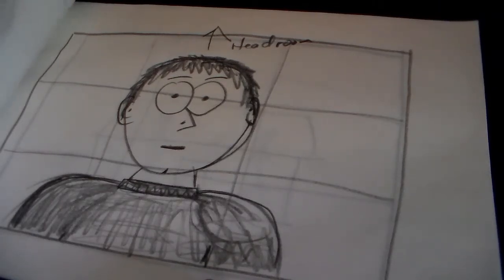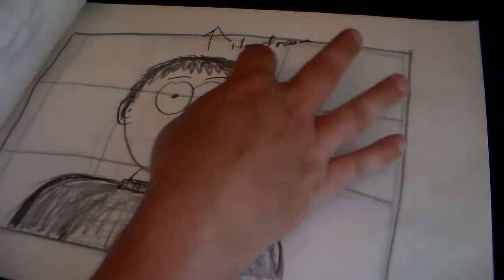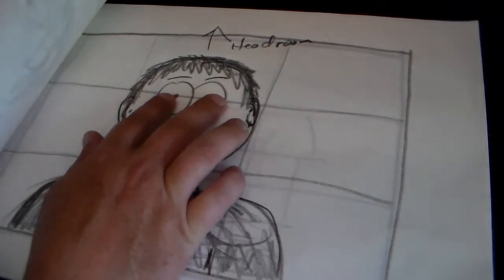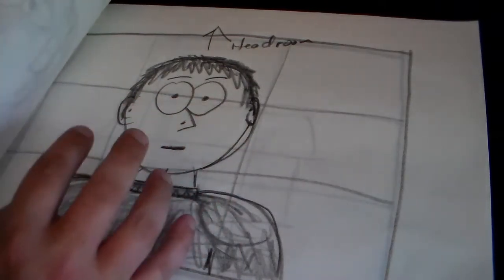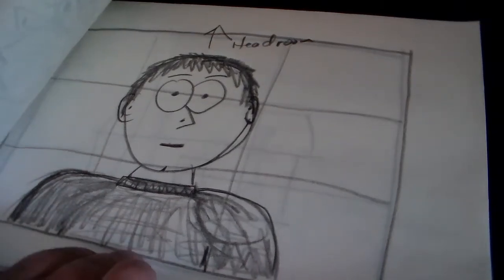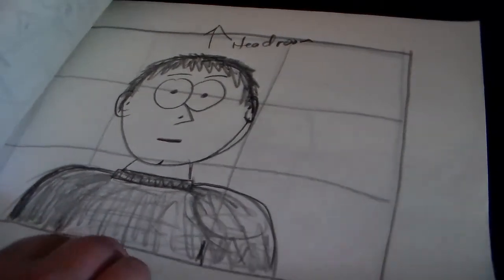Now you can have extreme close-up shots that would be even closer than that. The eyes will still stay on the third line as you draw in, and it may change a little bit the closer you get, but you can have extreme close-up shots.